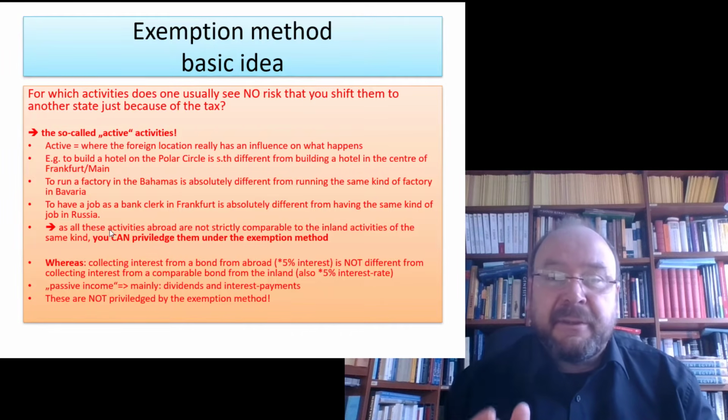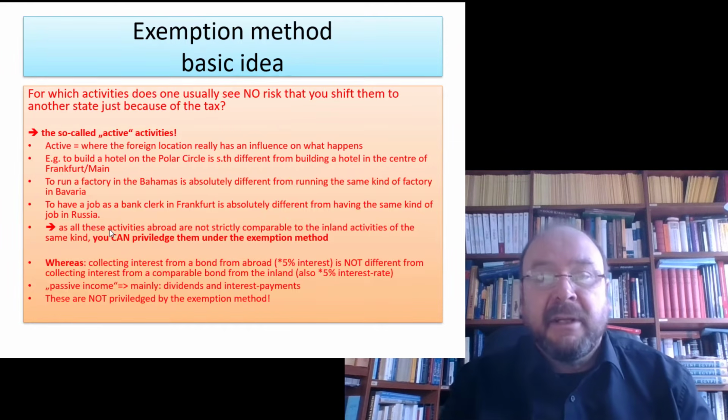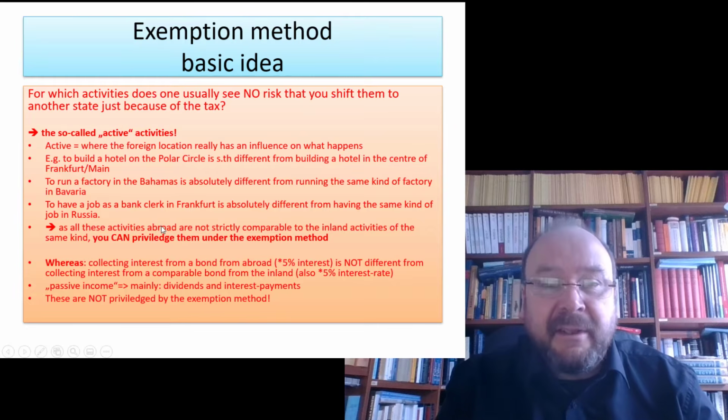Well, a very simple effect. When you erect a hotel at the North Pole, there will be a 10% tax rate, at least in my example, but there will be no gross income, or your gross income will be brutally lower than in the middle of Frankfurt City.